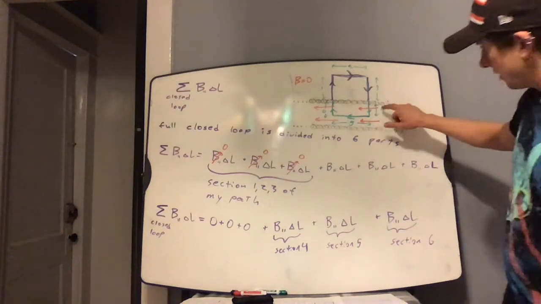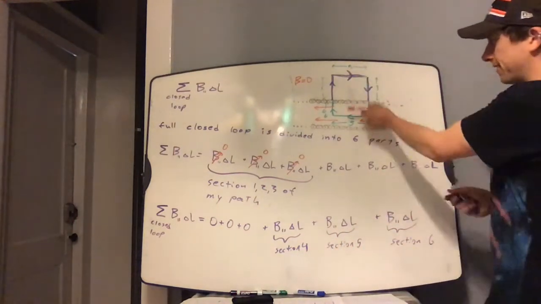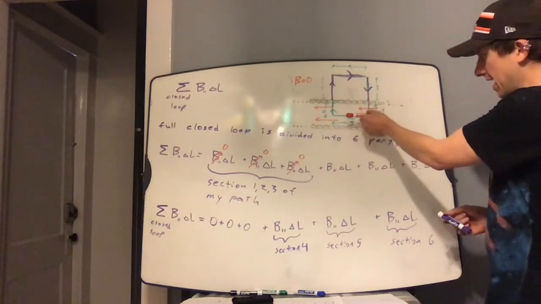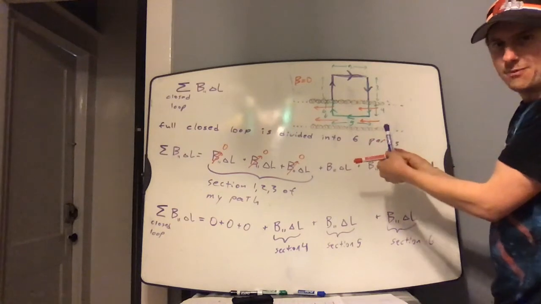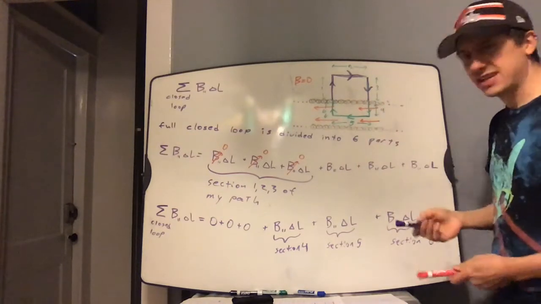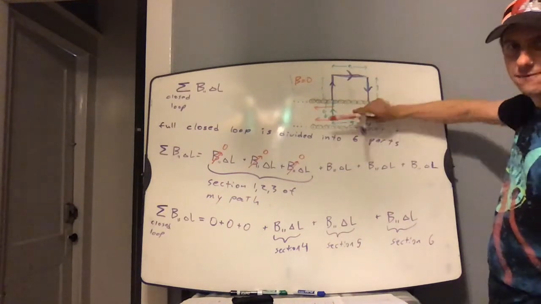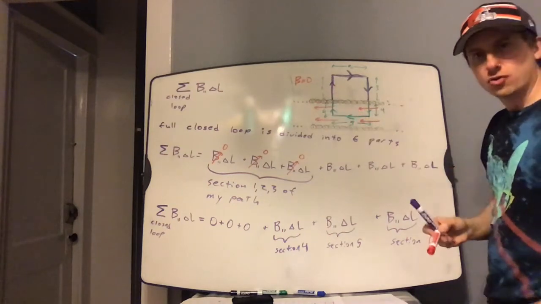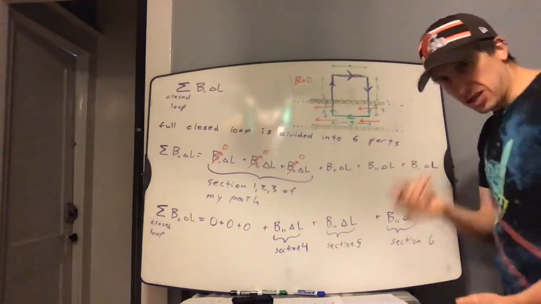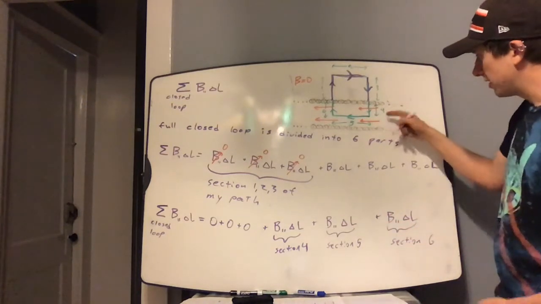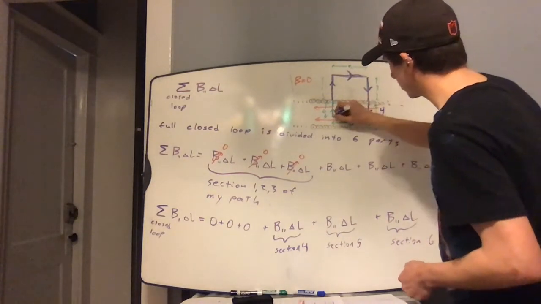Now, if I look at section 4 and section 6, I notice that the magnetic field always points to the left, and my path is either straight down or straight up. In both of these cases, my path is perpendicular to the direction of the magnetic field. So there is no component of the magnetic field in the same direction as my step.